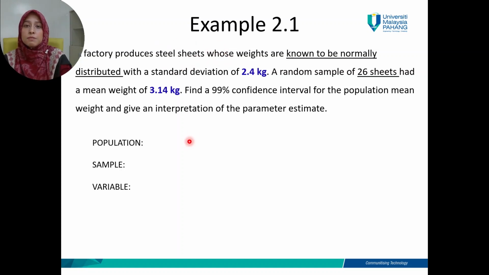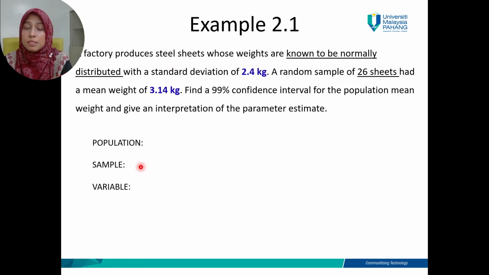Before you attempt to answer, first you must understand what the population under study is, what the sample is, and what the variable is. Come on, give it a try. Can you please identify what the variable in this question is? Yes, weight. This is the variable, the weights of steel sheets.